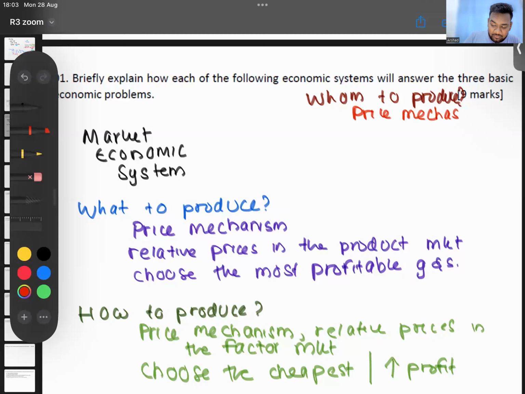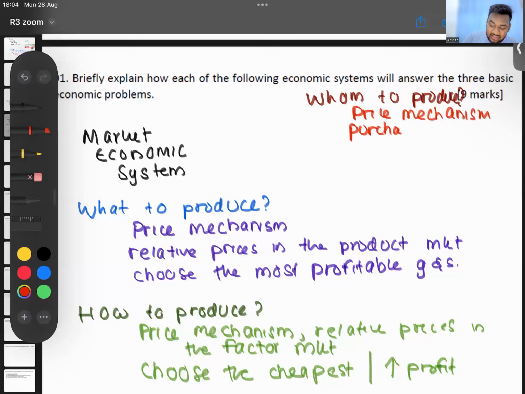Using price mechanism, they look at the product market and factor market, both, and they provide their goods to whoever has the purchasing power.